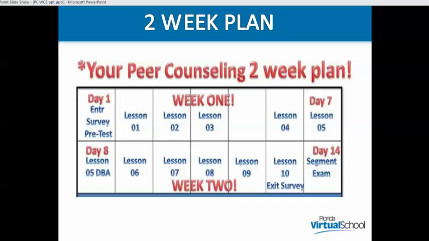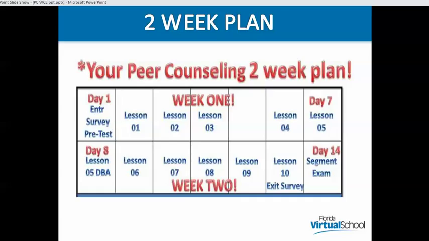So if you think that the 2-week plan is what you want, you may want to take a look at this, maybe pause the video, take a picture of this with your cell phone, or maybe just write it down. Here is a suggested pace to complete the course in 2 weeks, which is the minimum amount of time. We suggest that maybe the first week you start off day 1 just doing the entrance survey and the pretest, and then throughout the week you work through the first half of the course through lesson 5.